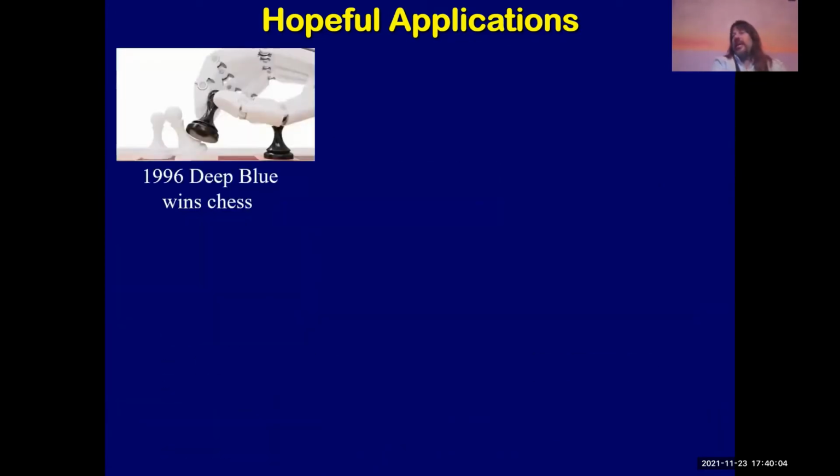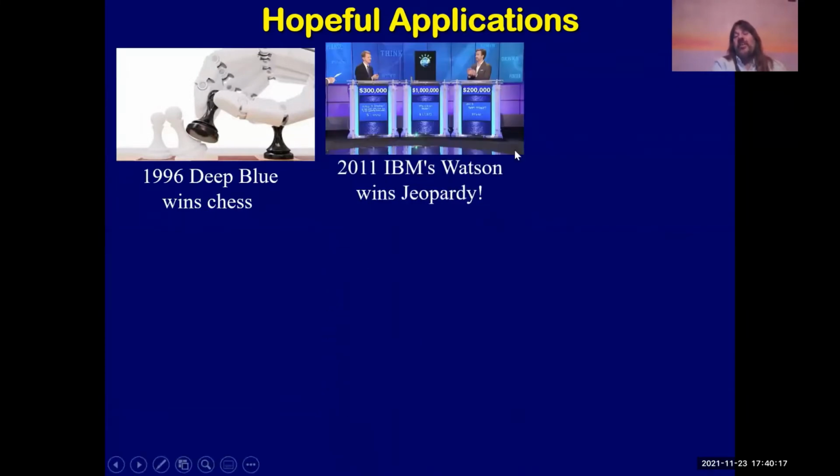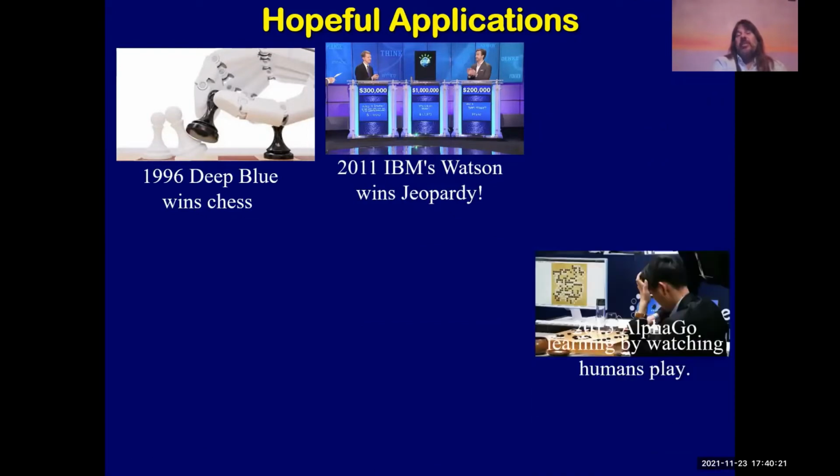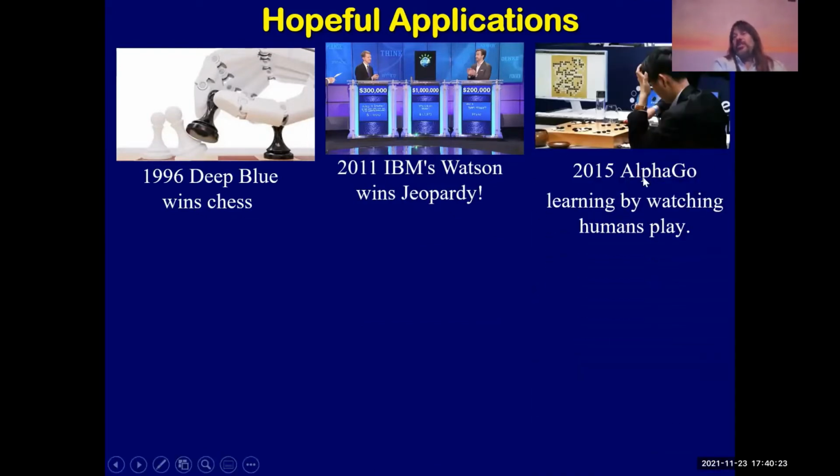And certainly the classic is games. Back in our past, it was pretty exciting when Deep Blue won chess, and then they won at Jeopardy, and nobody was expecting them to win at Go for a long, long time. And it's fun to watch the movie in which you watch this poor guy lose.